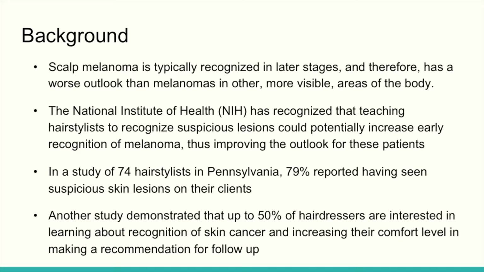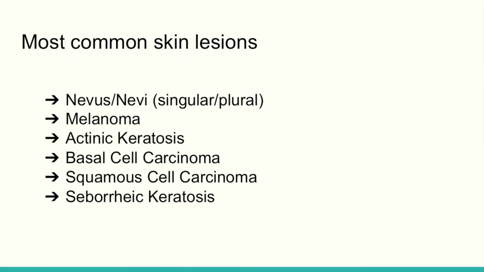In fact, in a study of 74 hairstylists in Pennsylvania, 79% reported having seen suspicious lesions on their clients. And in another study of hairstylists, up to 50% were interested in learning more about skin cancer recognition so that they could make a recommendation to their client if they saw something suspicious.